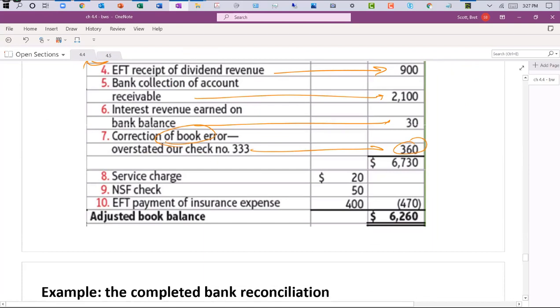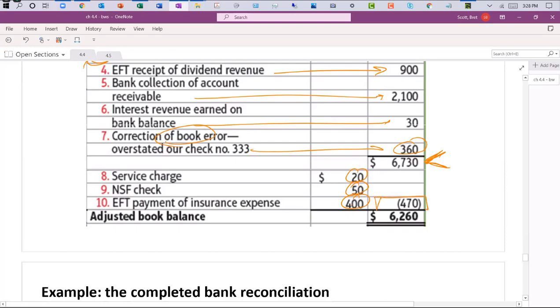Then come up with a subtotal. Your homework will probably ask you to do that. Then go through and do all the deductions. We need to account for the service fee and the bad check that the customer wrote us. We have to account for any type of automatic payments to Netflix, our insurance company, our utilities company, whatever.